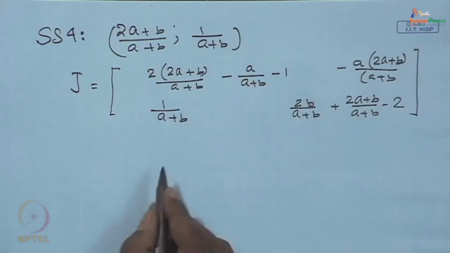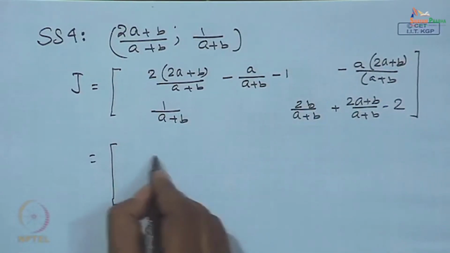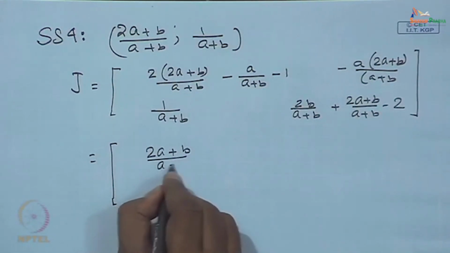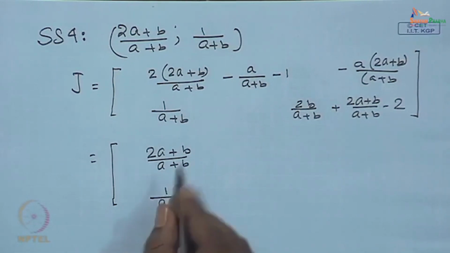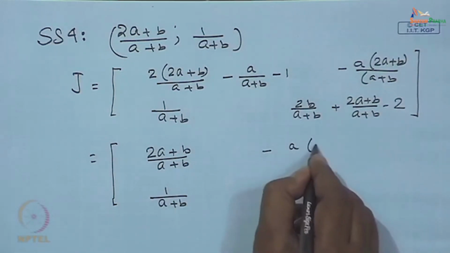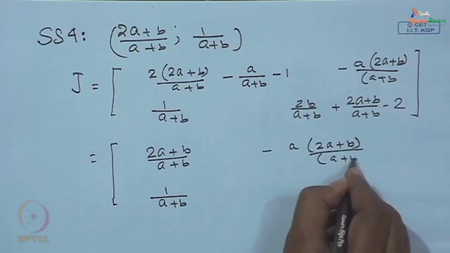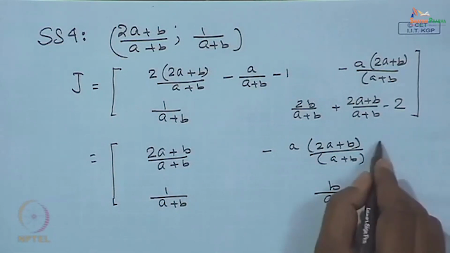We simplify all this and I am just writing the final expression of the Jacobian matrix. This becomes 2a plus b divided by a plus b and 1 over a plus b, that is 1 minus a into 2a plus b divided by a plus b, and this will be b divided by a plus b.